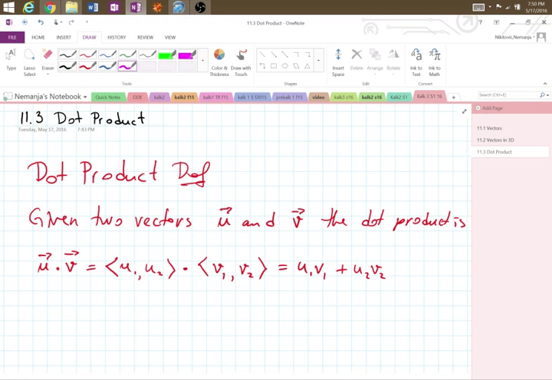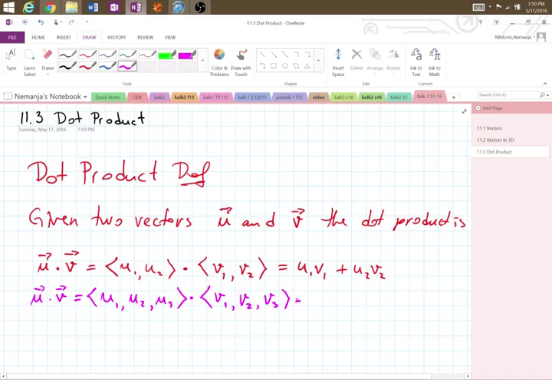And in pink, the 3D case, u dot v, ⟨u1, u2, u3⟩ dotted with ⟨v1, v2, v3⟩ is u1 v1 plus u2 v2 plus u3 v3.